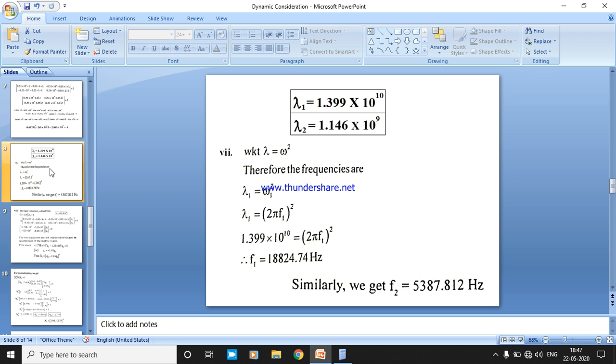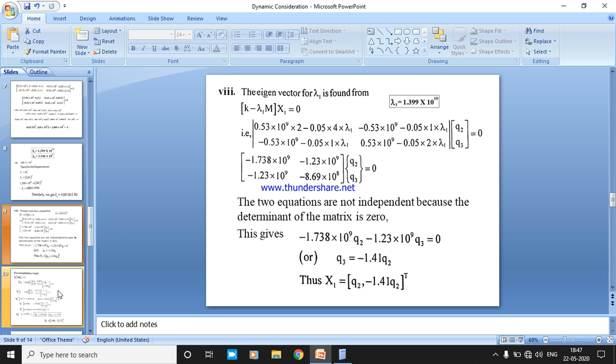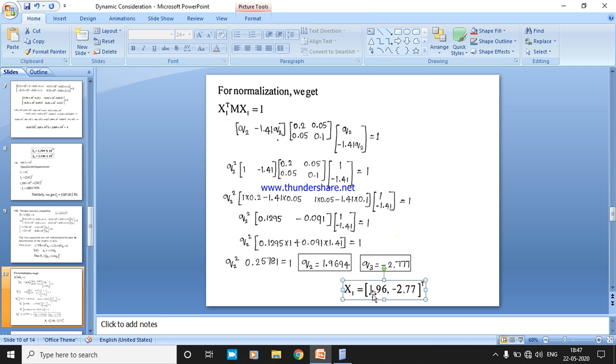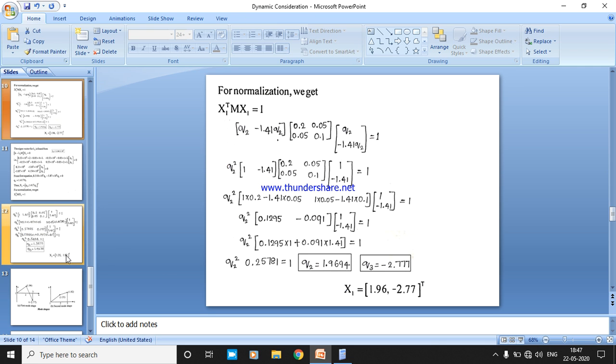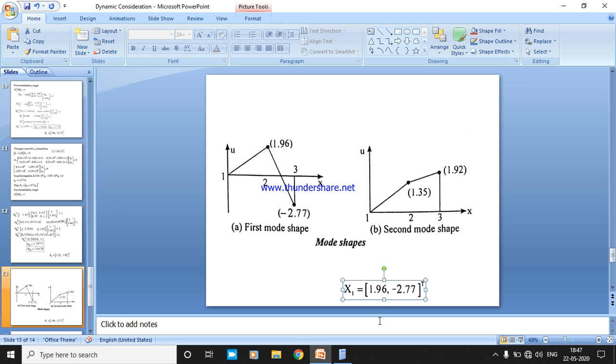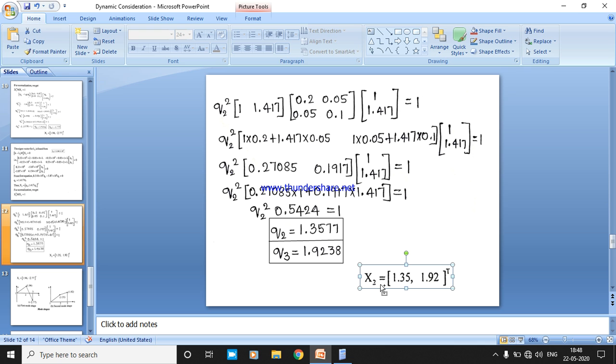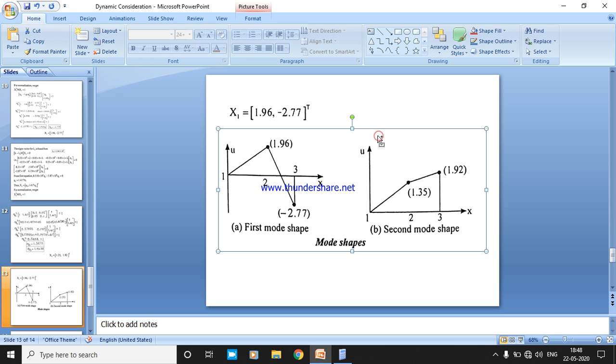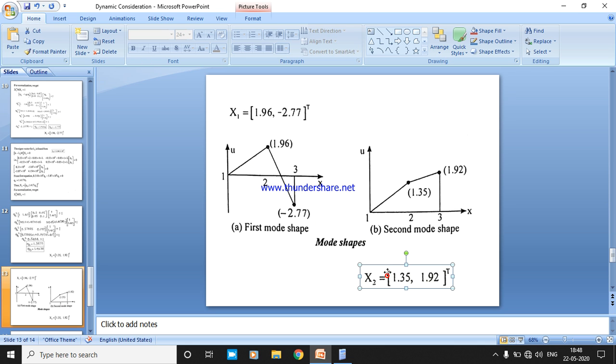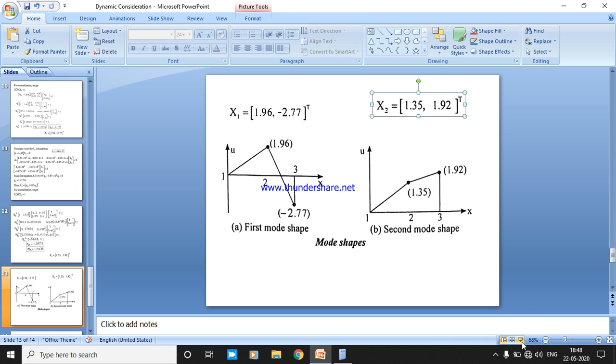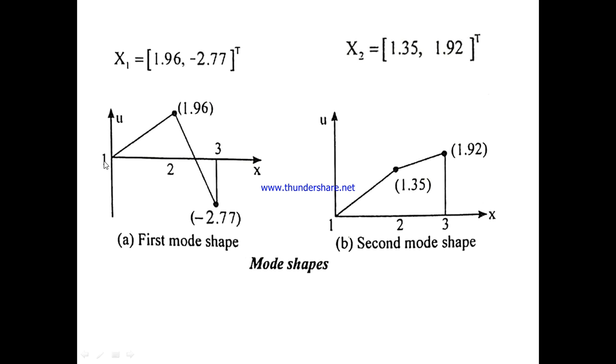Okay, fine. So for the first eigenvector, what we got here is this. This is the first eigenvector. Second eigenvector we got is this. So for the first eigenvector, these are the nodes, node 1, node 2 and node 3.